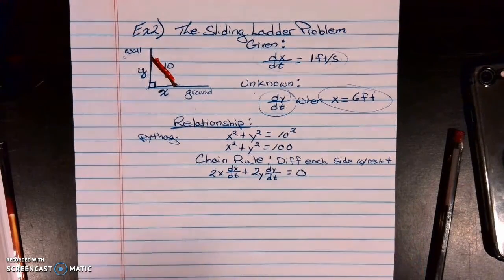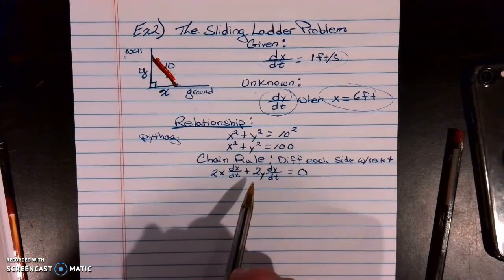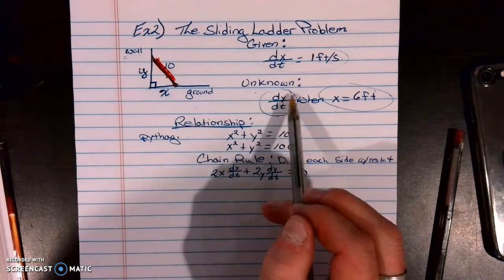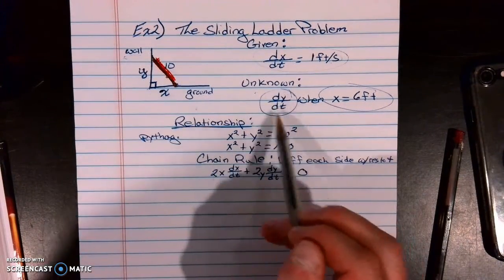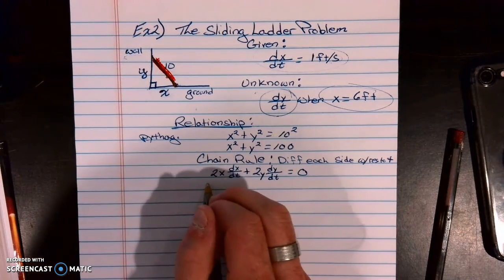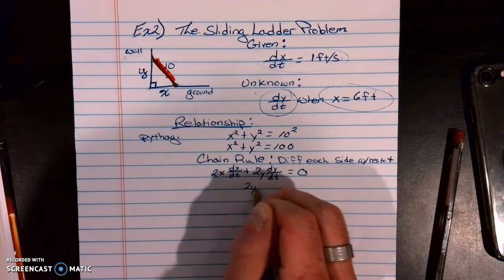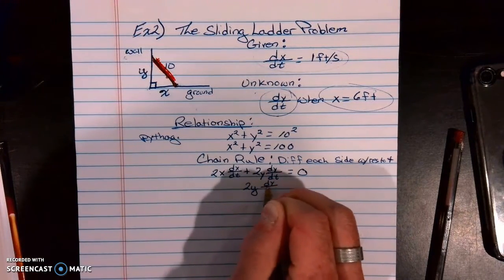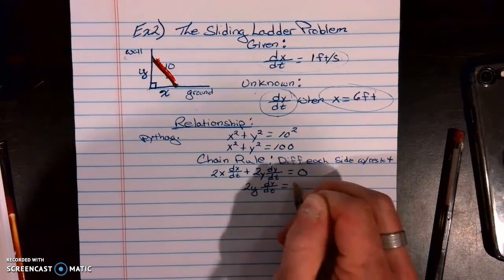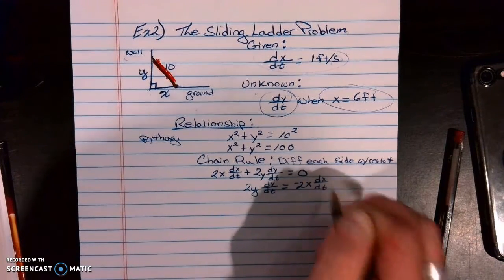So now all this is going to take for us to do is just manipulate it just like we did in the previous problem. And remember, what are we trying to solve for? You can't lose sight of that. We're solving for dy/dt. So I'm going to subtract 2x dx/dt from both sides. And when I do that, I get 2y dy/dt equals negative 2x dx/dt.